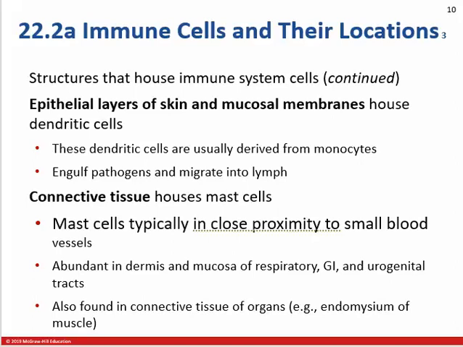We tend to find a lot of this stuff at the borders. Like, if you want to deal with an invasion of your country, you probably want to set up camp close to the border instead of in the middle of the country. So we have a lot of this stuff close to the skin and the mucosal membranes, where the outside meets the inside.